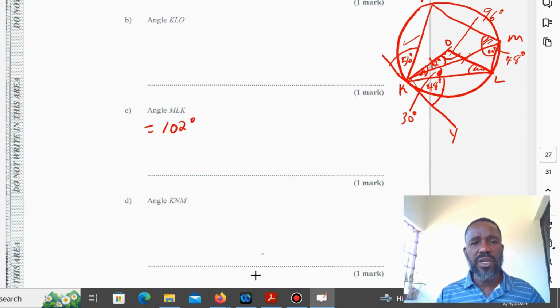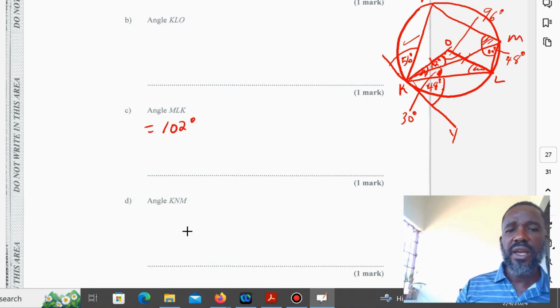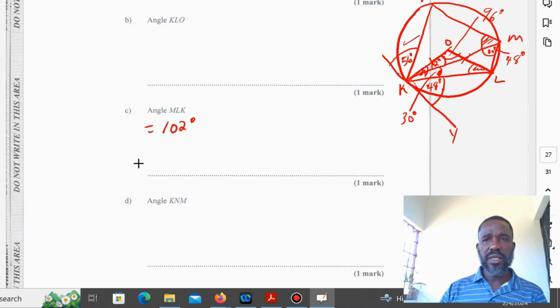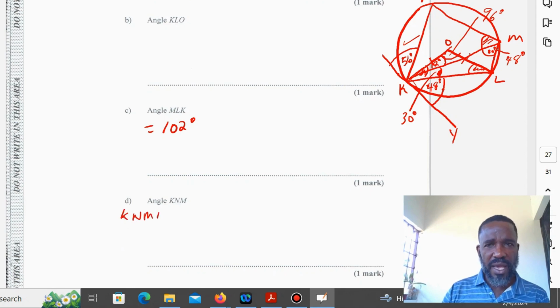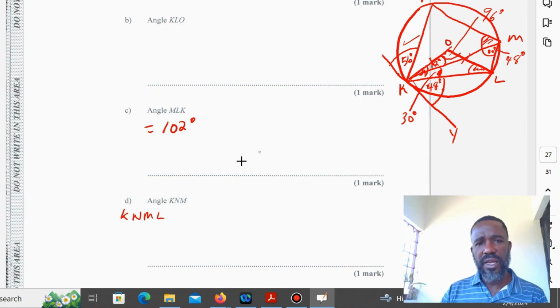We just worked that out earlier, but we need it for reference here. KNM, all right, so we know that the figure KNML is what is called a cyclic quadrilateral.